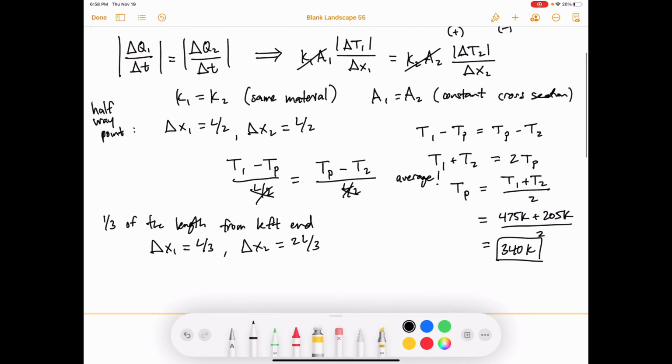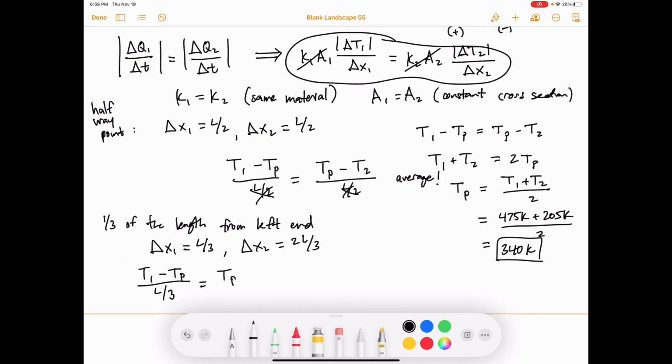Again, just want to show you what I'm working on. Up here we have delta T1 over delta x, which is T1 minus Tp over L over 3. That's our delta x. That equals delta T2 over delta x2. So that's going to be Tp minus T2, once again, divided by 2L over 3.